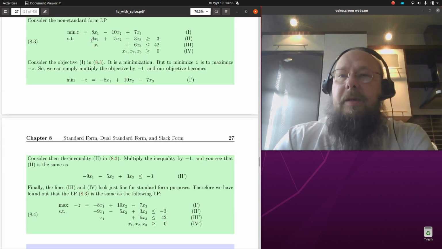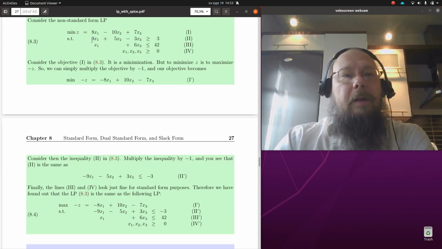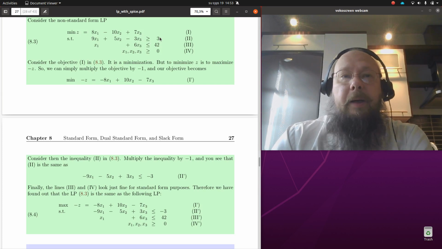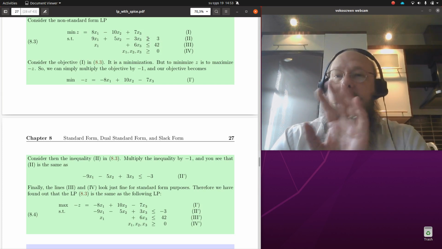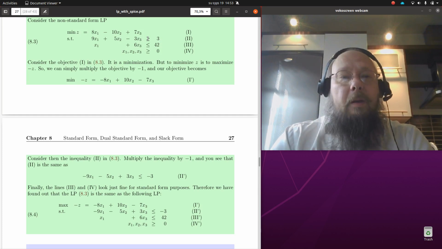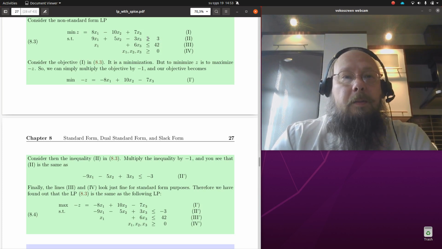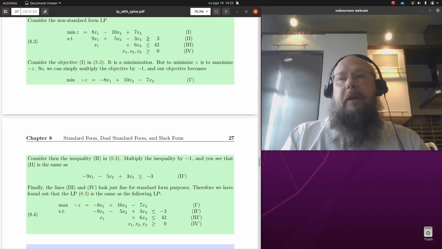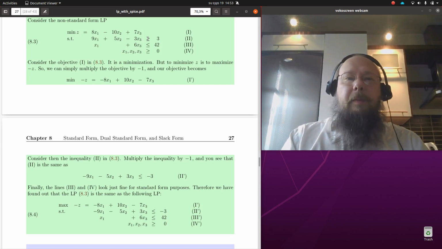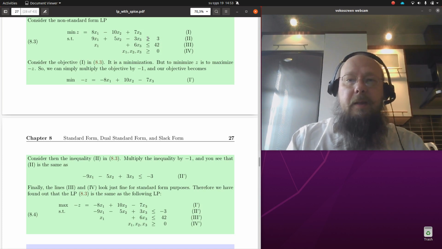You have learned this in school, I hope: if you have an inequality, something is greater than or equal to something else, and you multiply it by a negative number, you have to change the inequality the other way around. We could actually multiply this with any negative number, not 0, and that would still do the trick, but multiplication by -1 is obviously the easiest thing to do. We just change the signs.